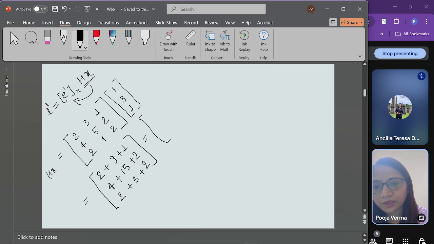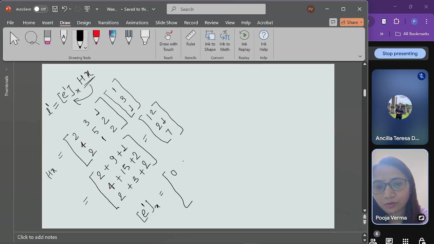Now what will we get? 12, here 21, 7, right? Now to find out the overall, we need to multiply this part, this Hx. So E dash x we have calculated in the previous slide.